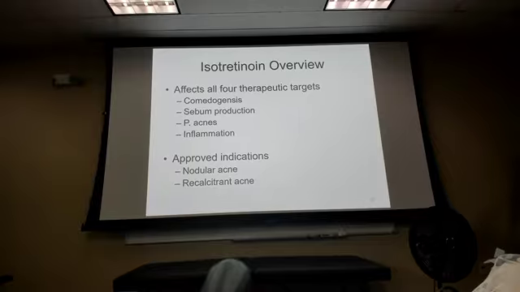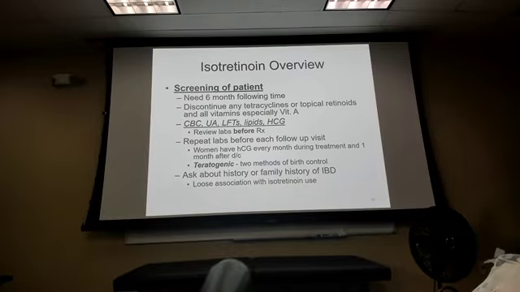Up next, we're talking about the screening of the patient. These are some of the things that y'all will start. So if I refer them out, I'm going to go ahead and start some of the baseline labs or other things, so that the dermatologist already has it and they can start the medications right away because you have already done it.